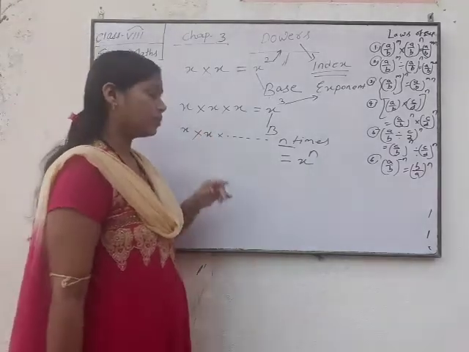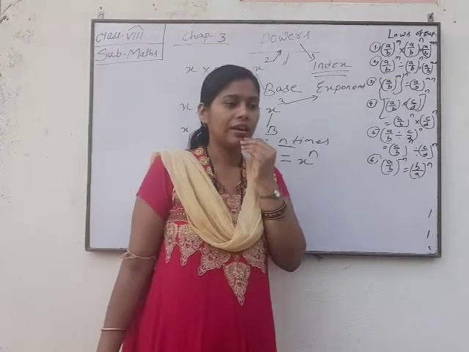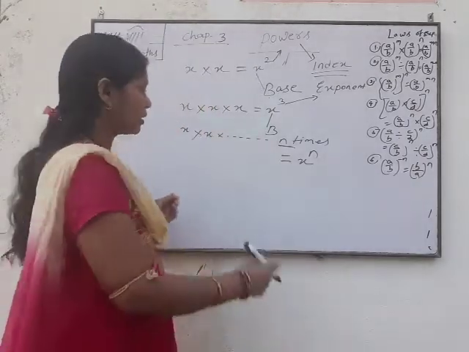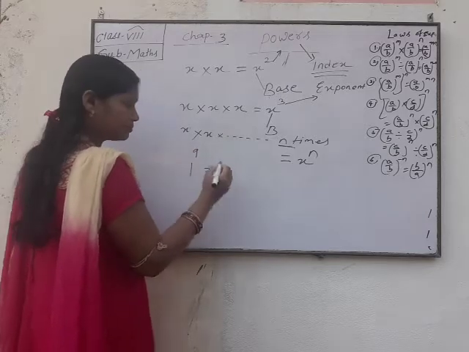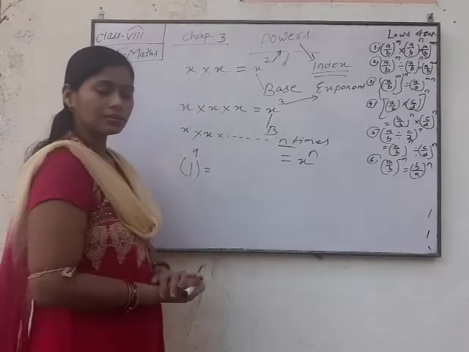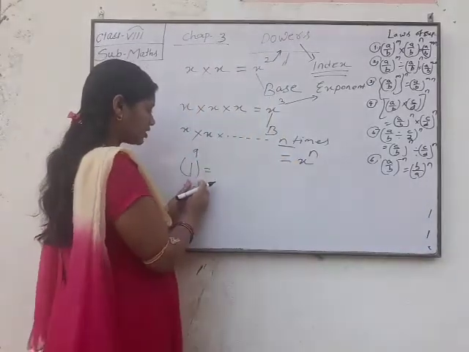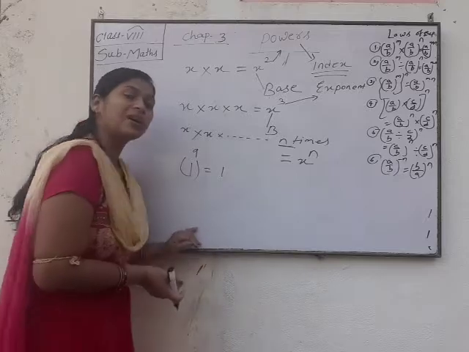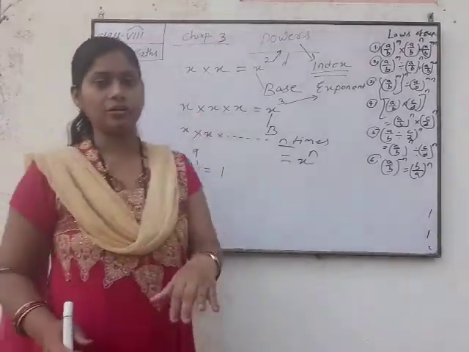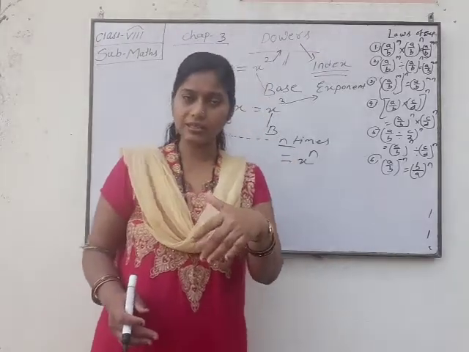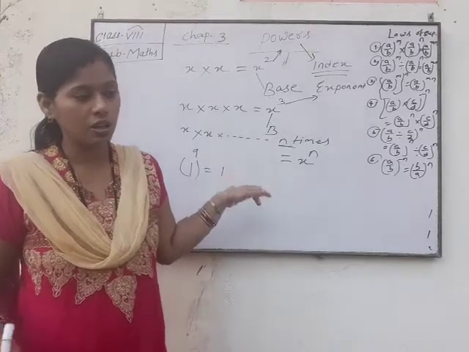Now, 1 as the base. 1 to the power 9: the result is 1, because if we multiply 1 nine times, the product is 1.